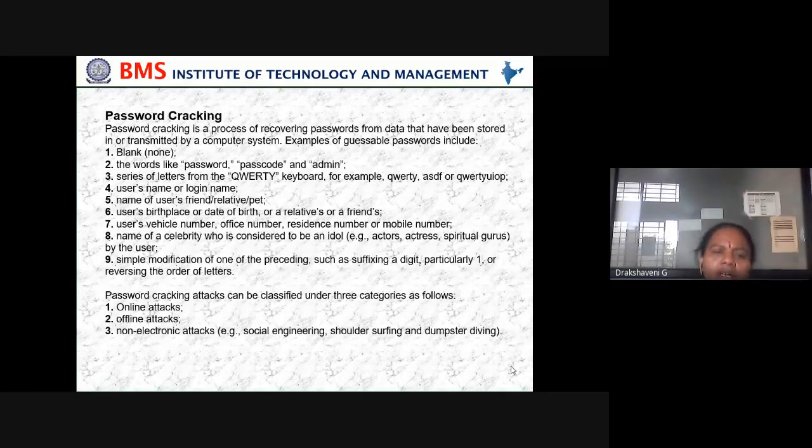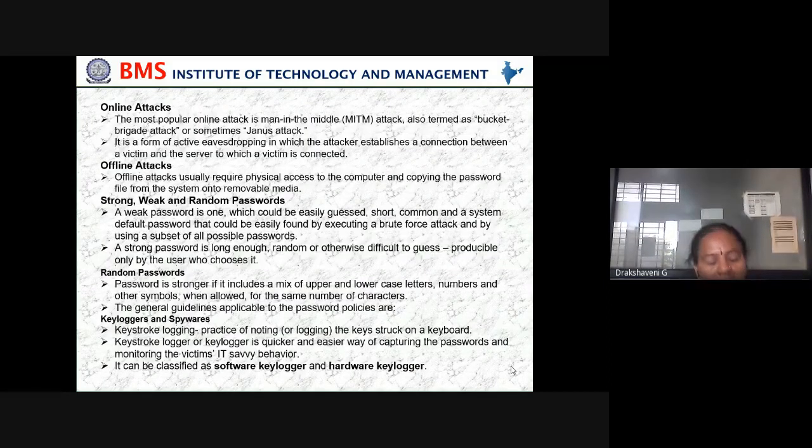These are the non-electronic attacks they can do. These are the different categories by which passwords can be cracked by any person. Okay, we will see one by one how passwords can be cracked.